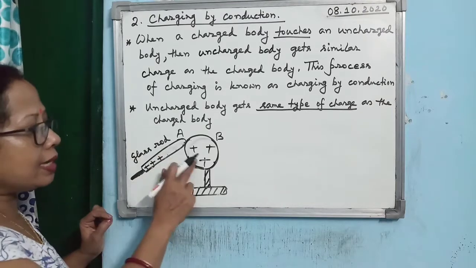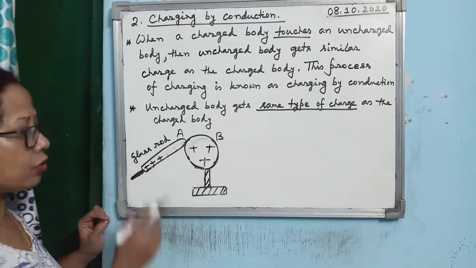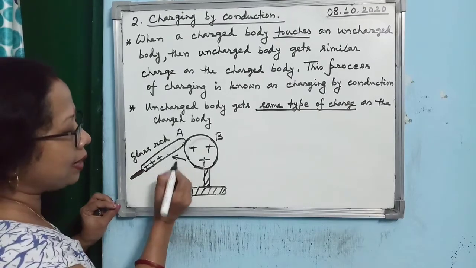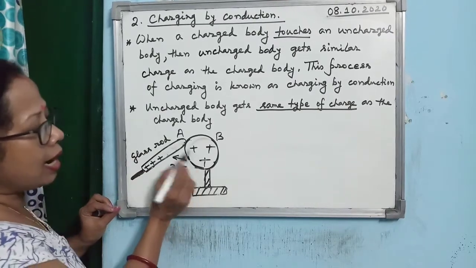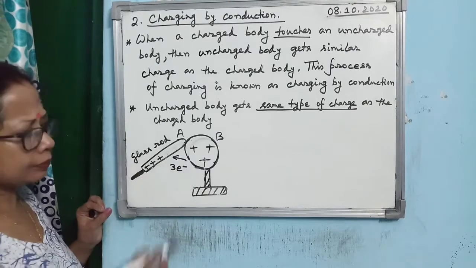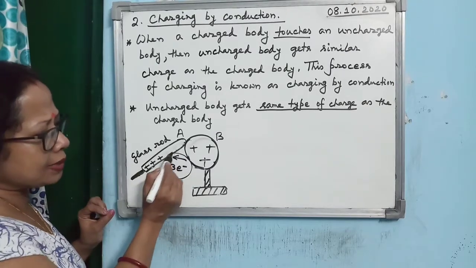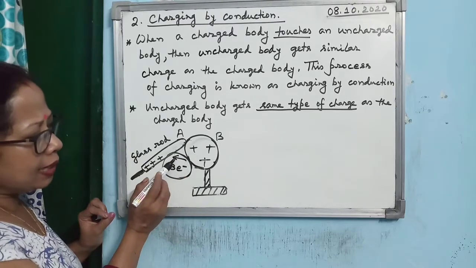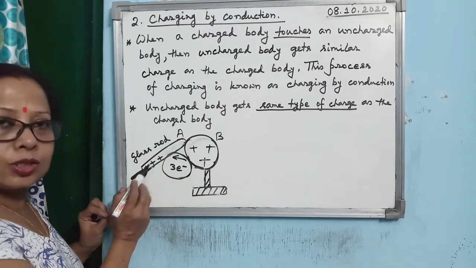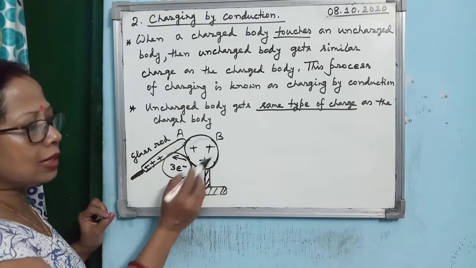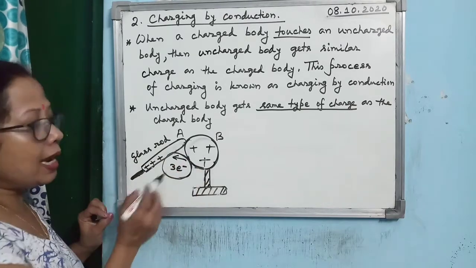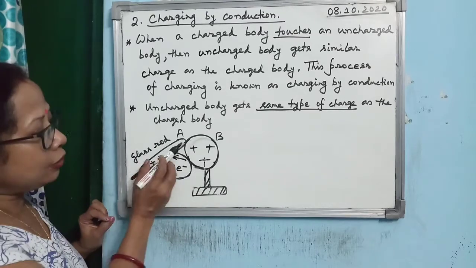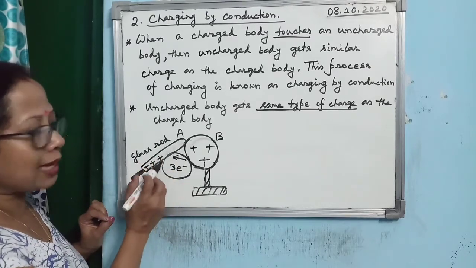So this is known as conduction. Here, when it is positive charge, 3 electrons are moving from B to A. This is the way I am representing the physics behind it. When B loses 3 electrons, it will have 3 positive charge, and when A receives 3 electrons, the 3 positive charge and 3 electrons cancel their effect.